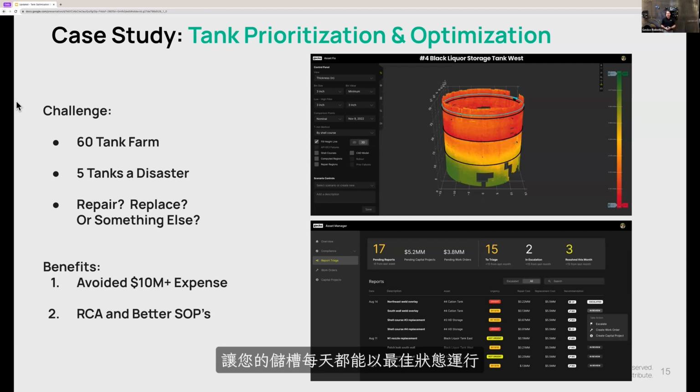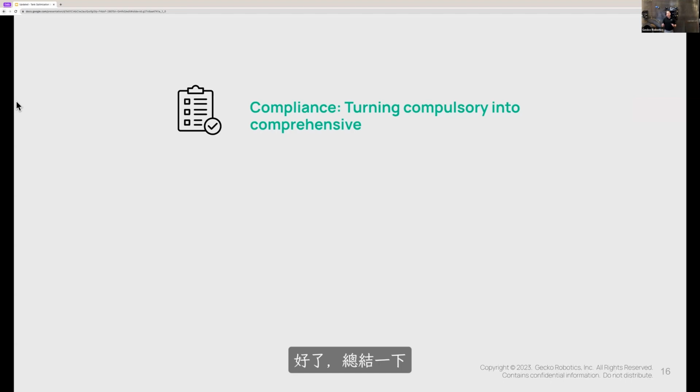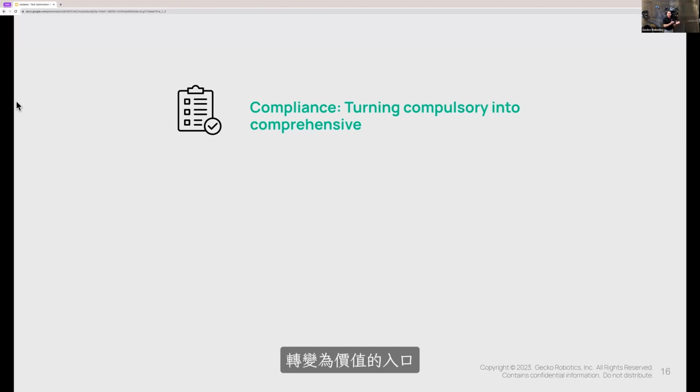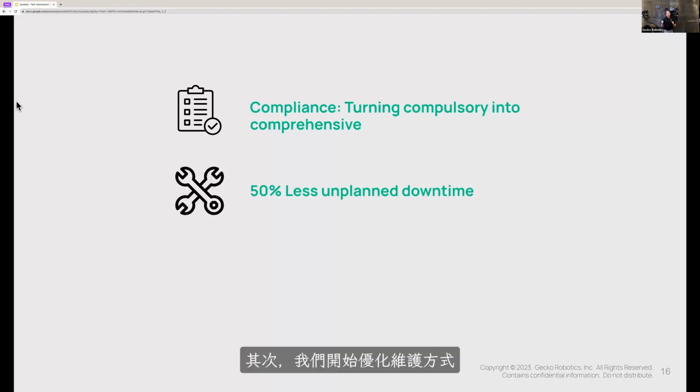All right, so to wrap up, what is it that we do to drive business results across a tank farm? Number 1, compliance becomes our gateway to value. We shifted from being a cost center to becoming a value driver through comprehensive health scans. Second is we start optimizing the way we do maintenance.